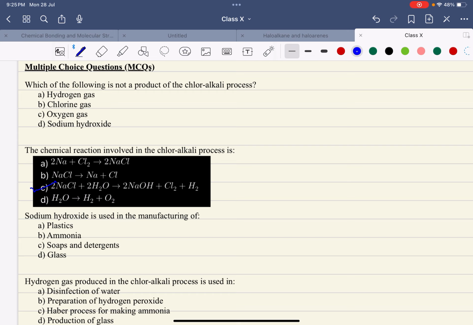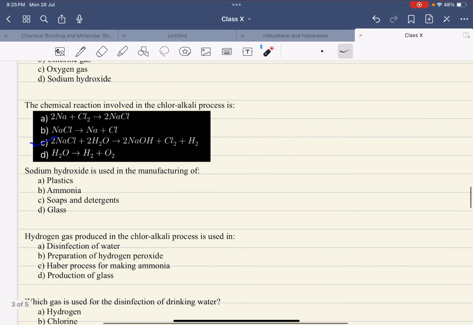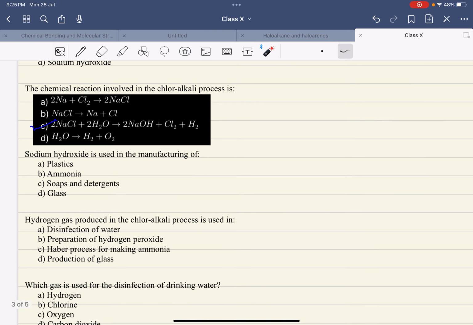Sodium hydroxide is used in the manufacture of plastic, ammonia, soap and detergent, and glass. Please identify the correct answer. Next question: hydrogen gas produced in the chloralkali process is used in what?